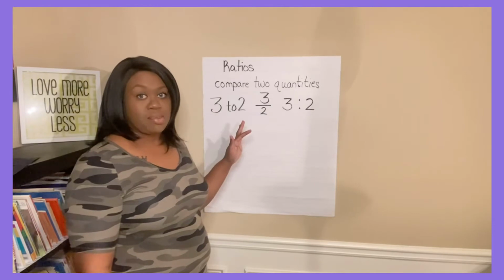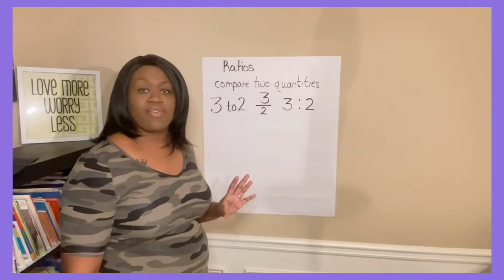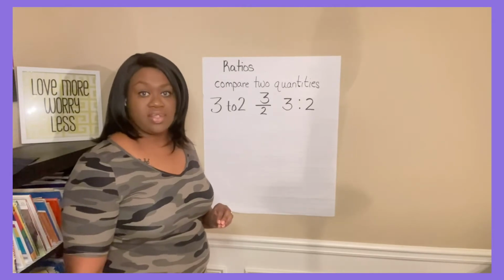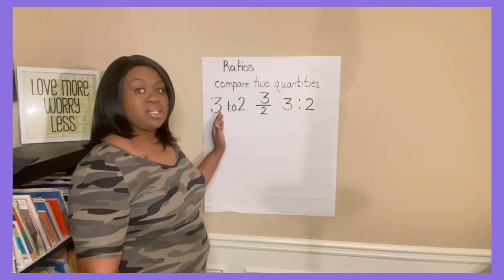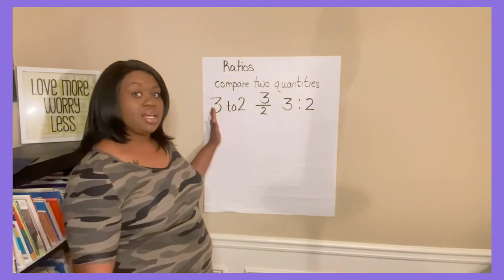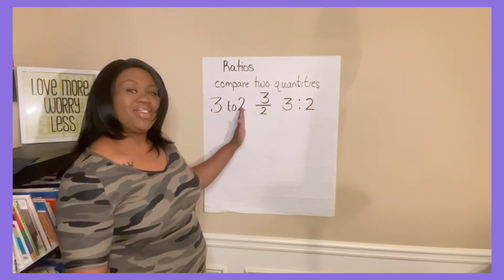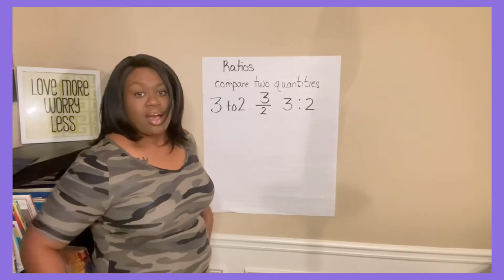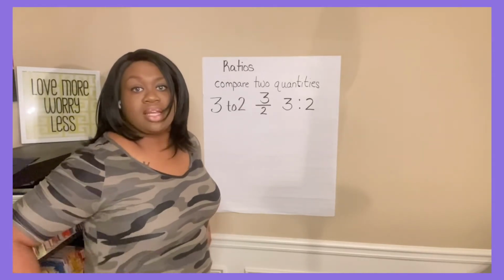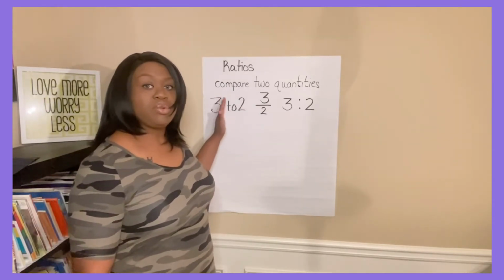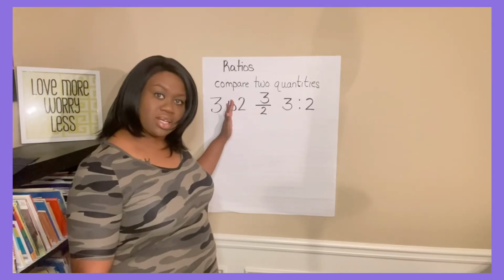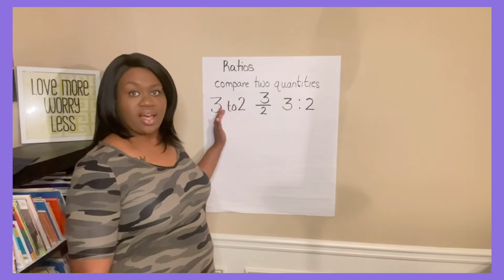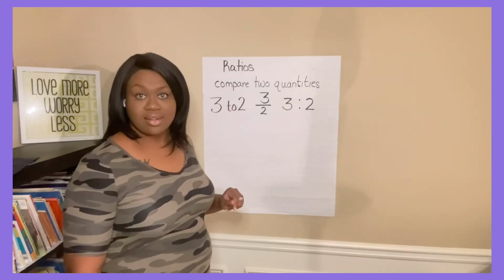So as I said in my example, I surveyed 5 students to see if they had PS5s, okay? 3 of my students had PS5s, compared to 2 of my students who did not have the PS5, all right? Another way you can put it is for every 3 of the kiddos that had PS5s, 2 did not, okay?